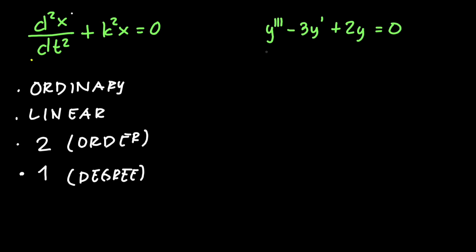For the next problem, y triple prime minus 3y prime plus 2y equal 0. Now, identify whether this is ordinary or partial.